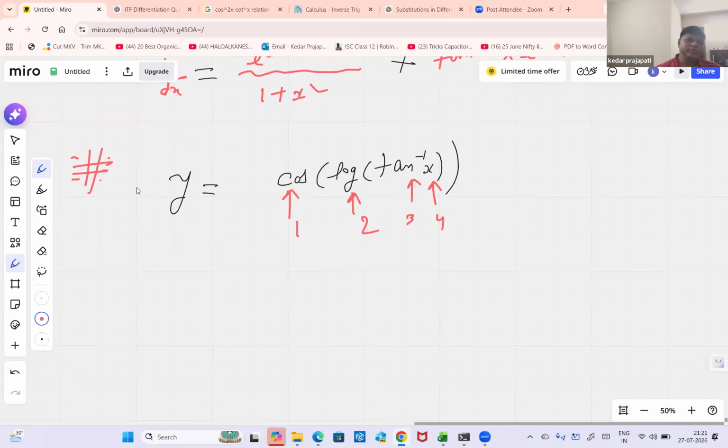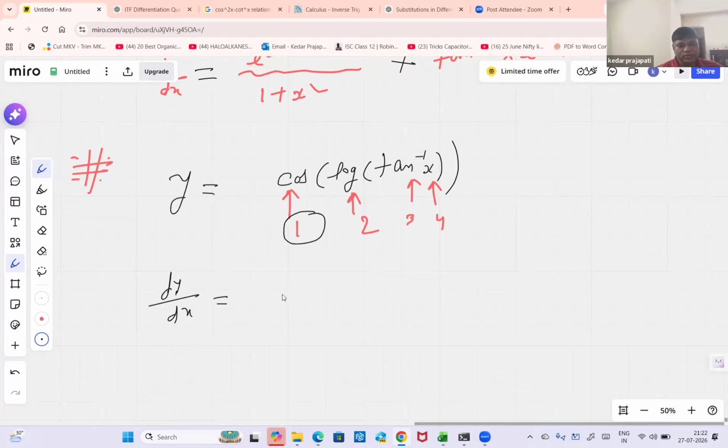So differentiate with respect to x. This will be dy by dx. Okay. Keep telling me. So it will be minus sine, first we'll do this.